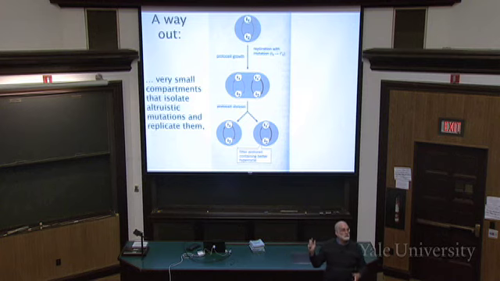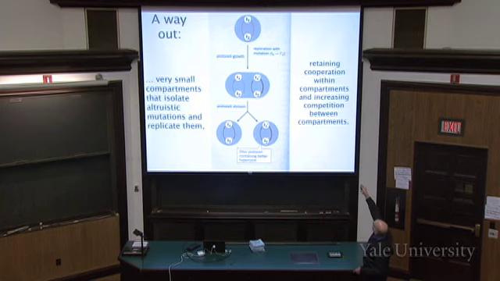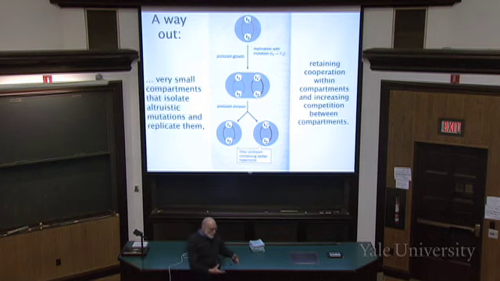In order to get the whole process going, basically what you need to do is isolate one of those hypercycles, let it grow, have some kind of division going on with some inheritance, and then have a mutation that's going to improve one of the descendants so that this one that has a better hypercycle can outcompete that one. Once you get that process going, then you're going to retain cooperation within compartments, you're going to increase competition between compartments, and natural selection can take off and start to produce the very early primitive cells.